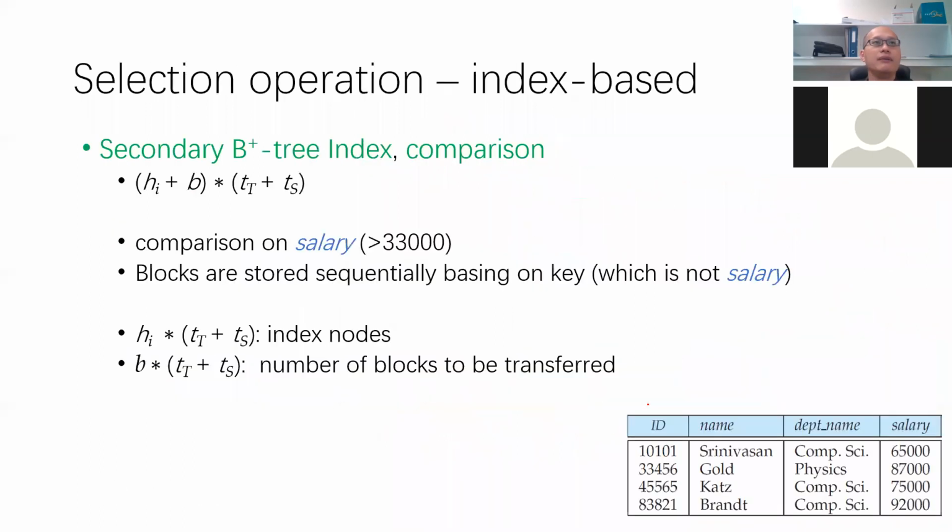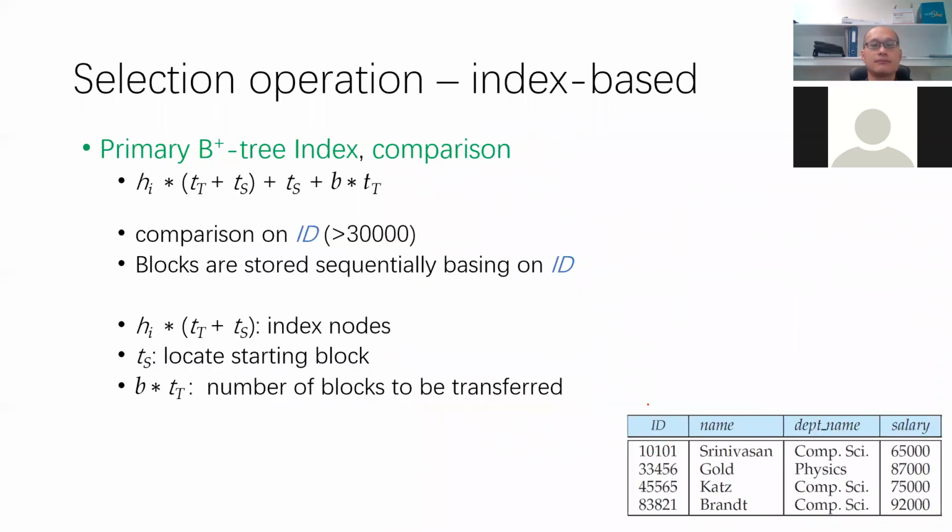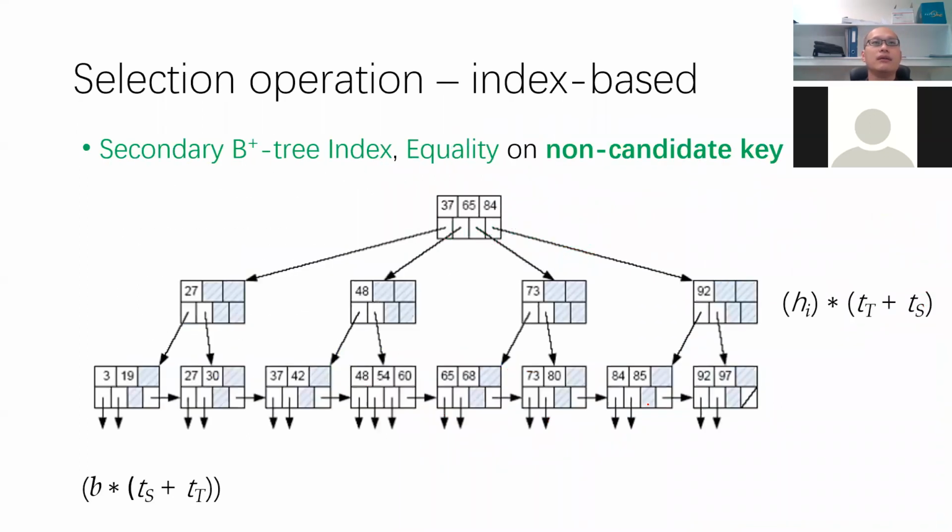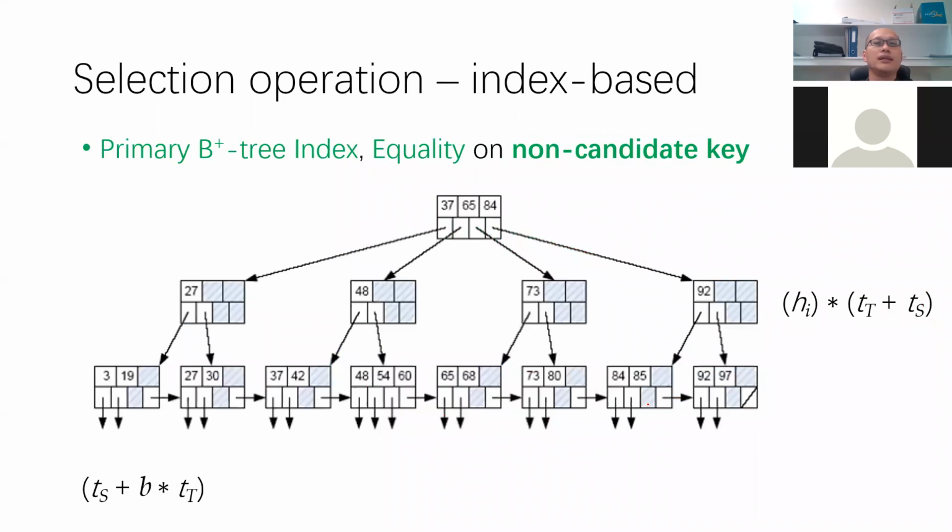It's an equality, primary index equality on a non-candidate key. So this will be the case that will happen. Just as a recap again, this is a B plus tree. What we want to do is find all the instances where the tuple may reside.